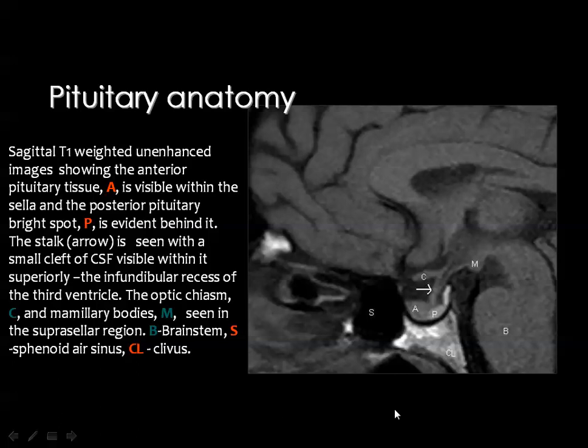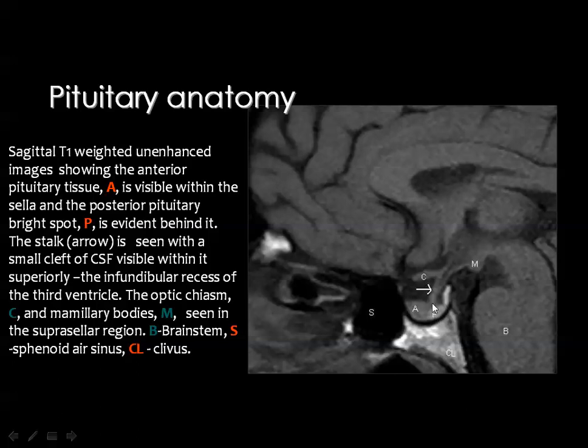Then the pituitary gland in the sagittal image. Here you can in many times separate the posterior pituitary from the anterior pituitary, especially if you have the scans before injection of contrast medium.